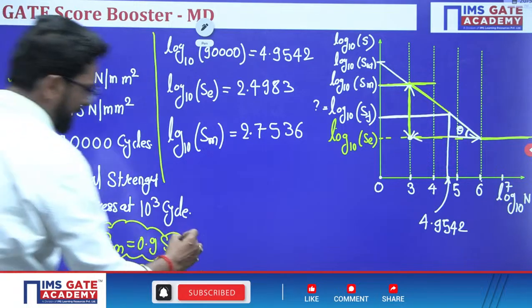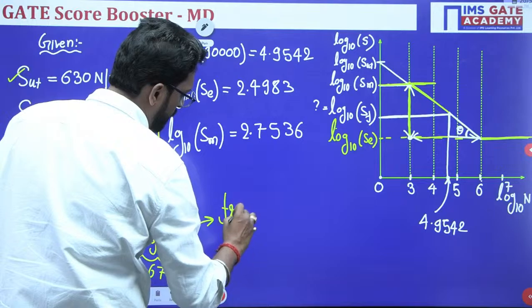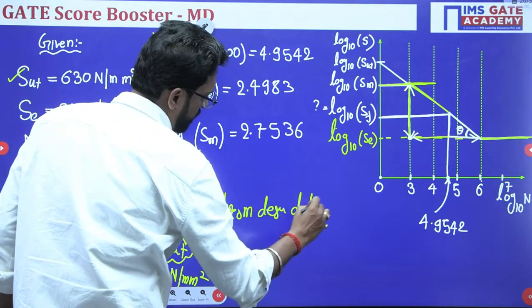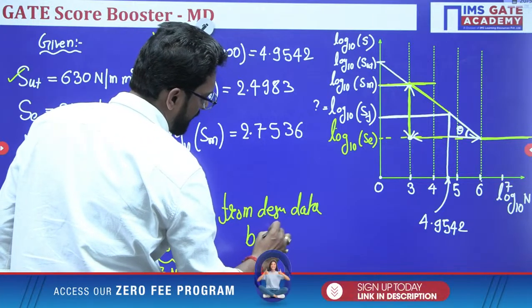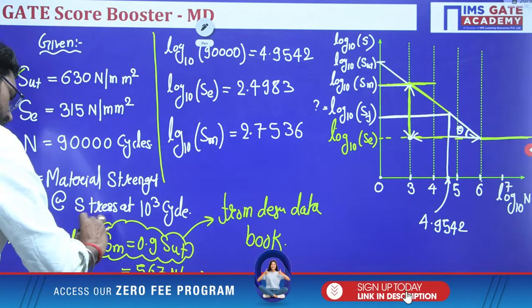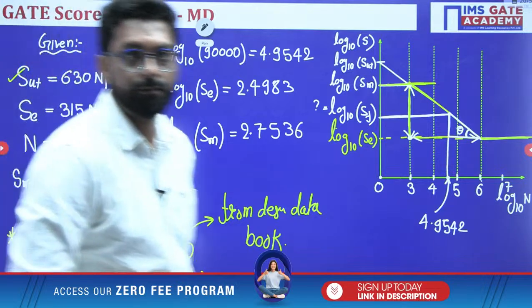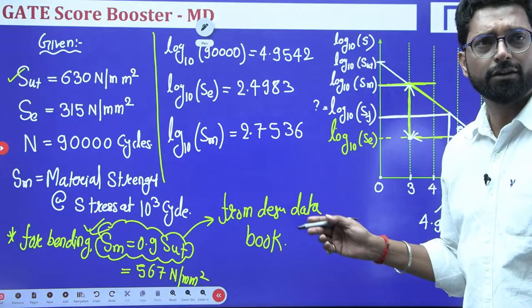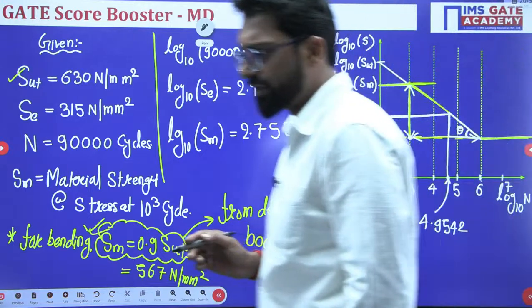This is from the design data book. My dear, in the GATE, this relation is always given, so don't worry about that. But you can always memorize this also, no problem, because this is very simple. Done?